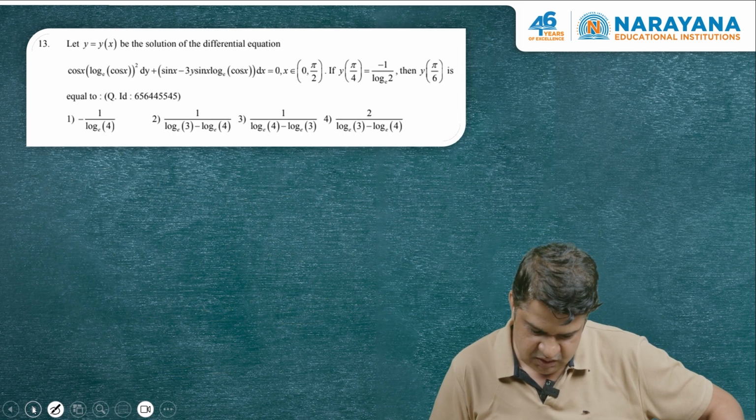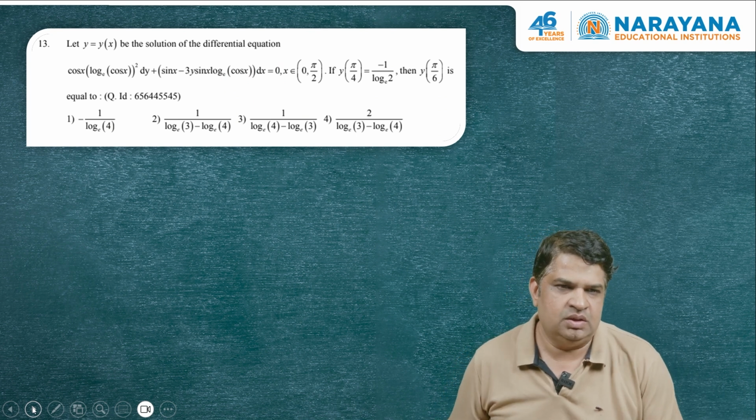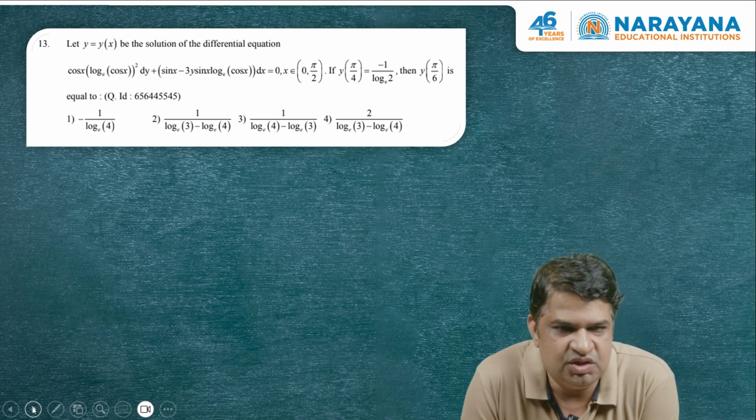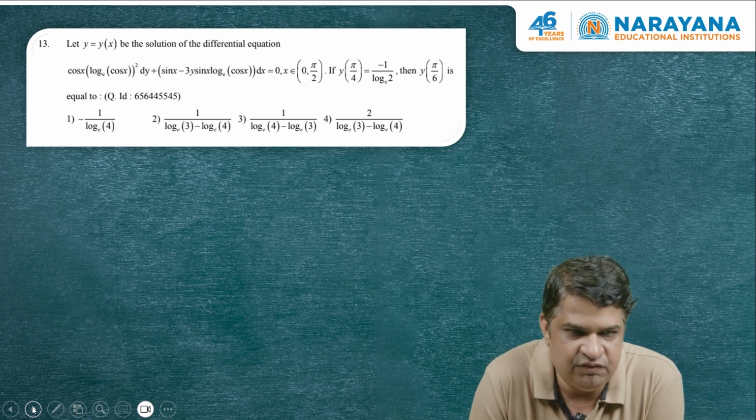Now moving to the next question. We are supposed to solve this differential equation. First of all, convert this differential equation into linear differential equation standard form.